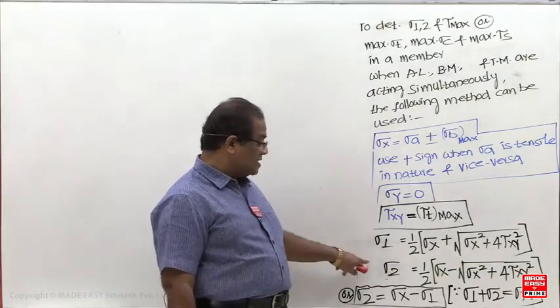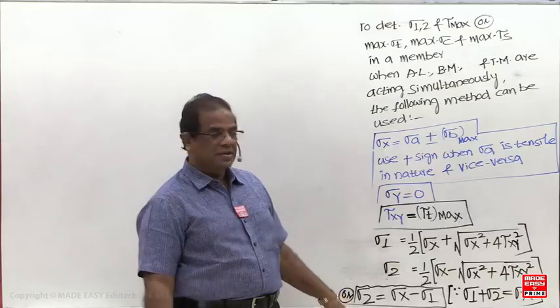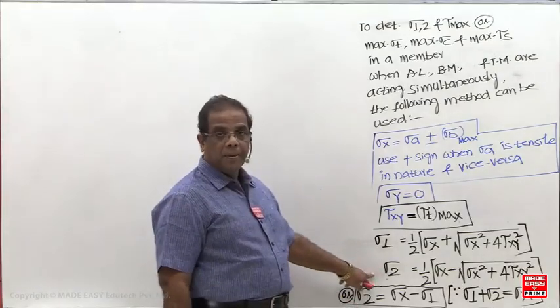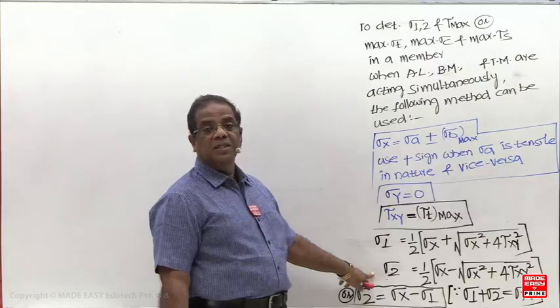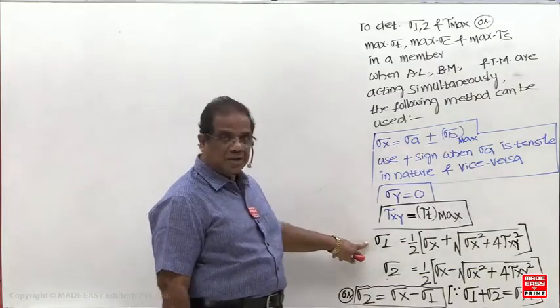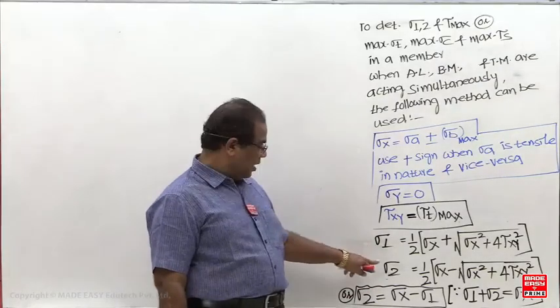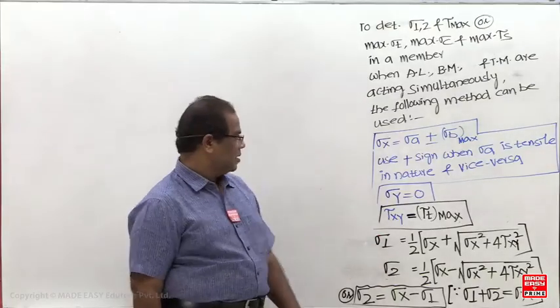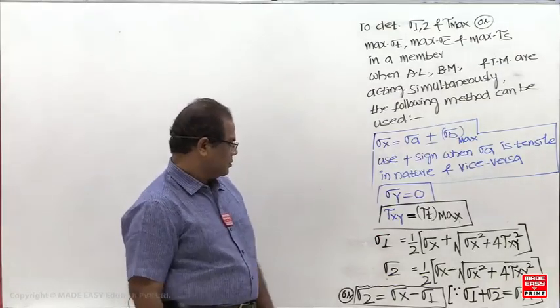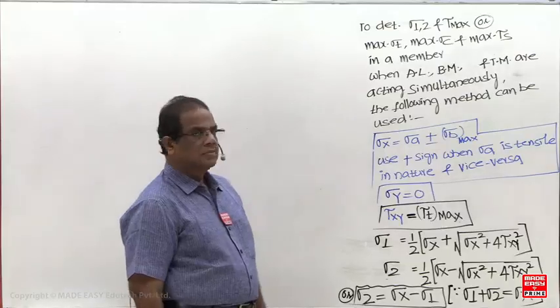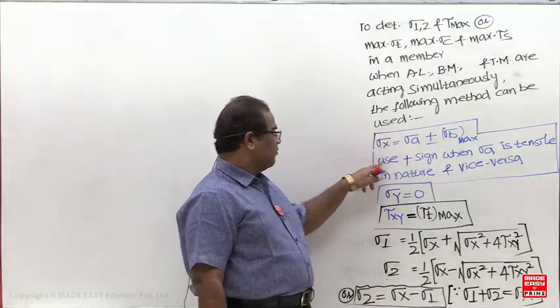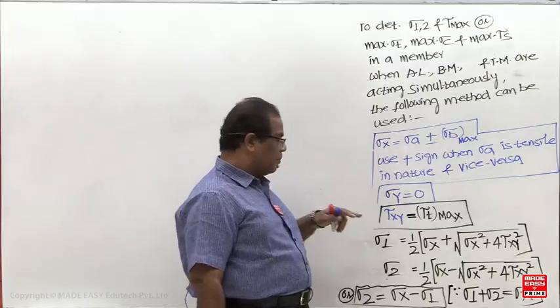Now finally, whichever is larger, whichever is going to be positive. Suppose this is positive, this is the maximum tensile. If this is negative, this is the maximum compressive. So this will be positive when sigma x is positive.